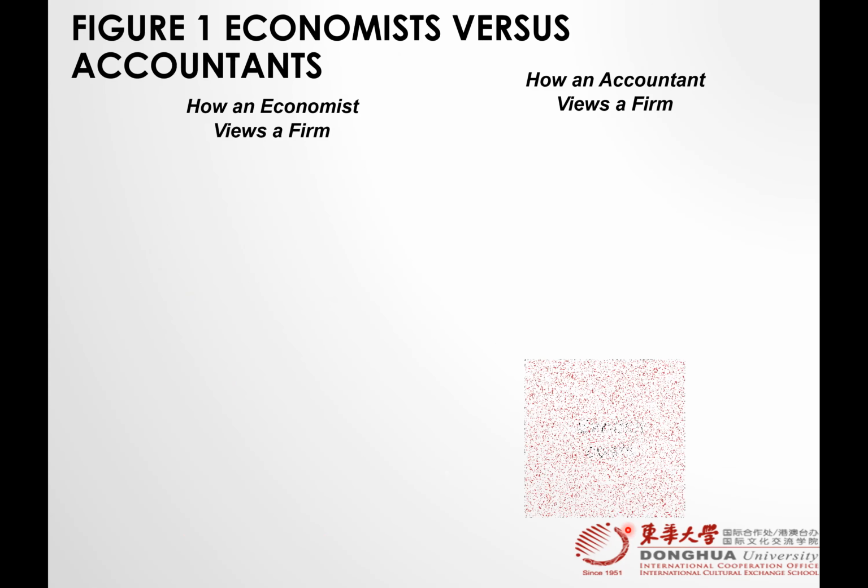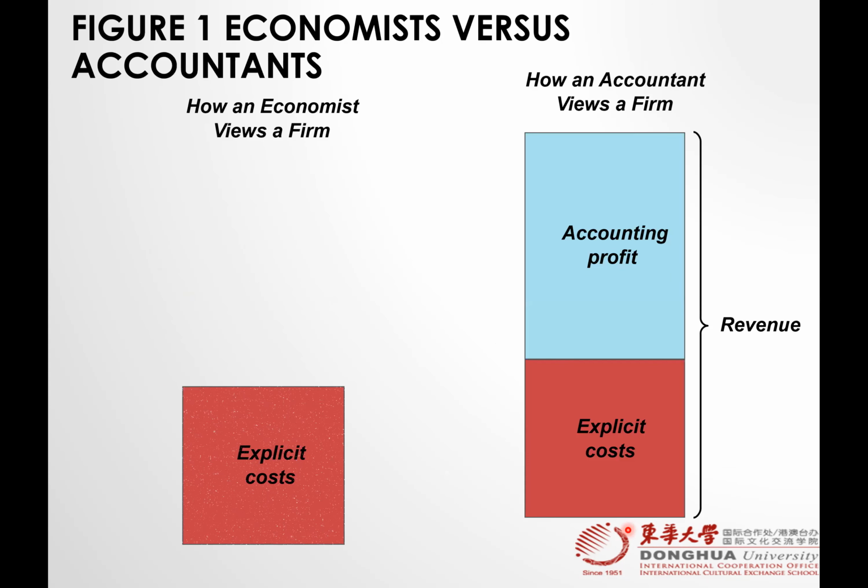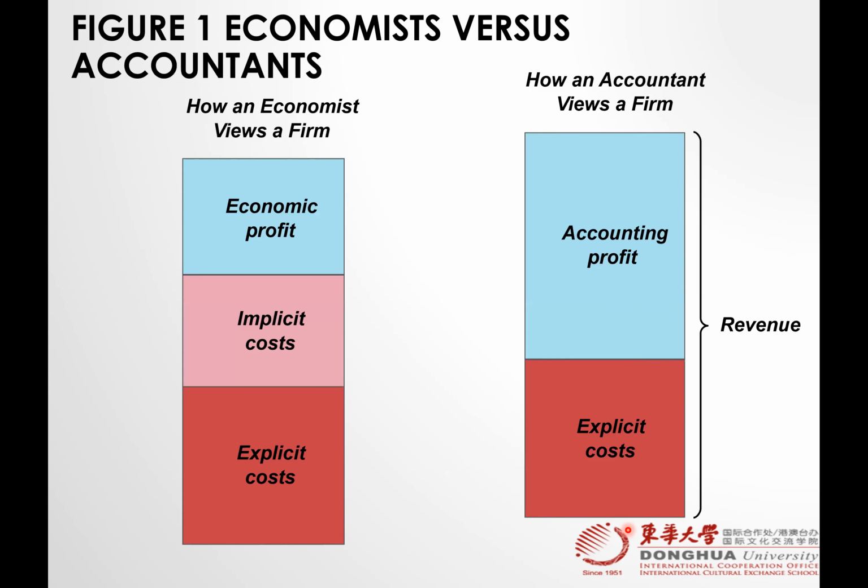Here we go. We have formulated one diagram here. When an accountant views a firm, it views accounting profit as revenue minus explicit cost. So see the chunk of cost in the total revenue of a firm, only explicit cost.